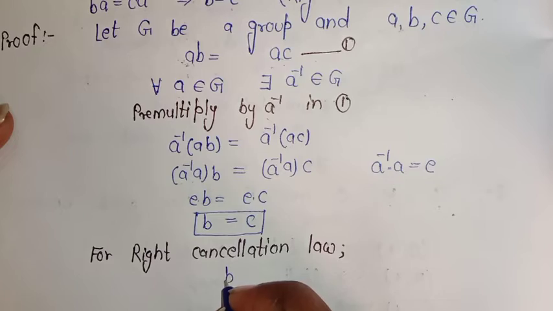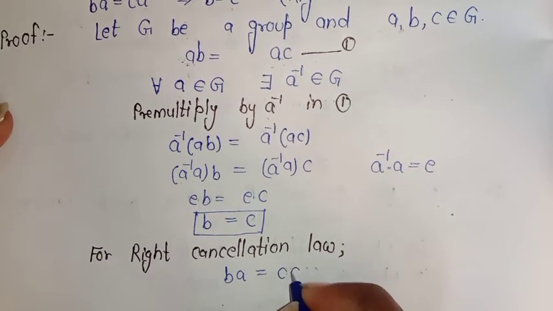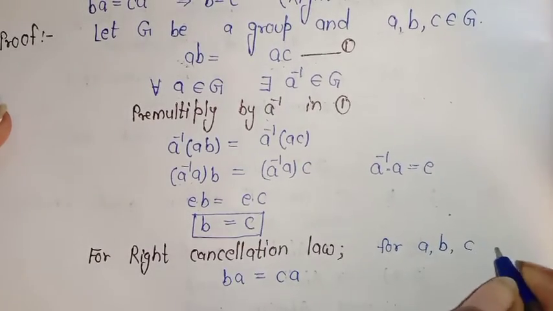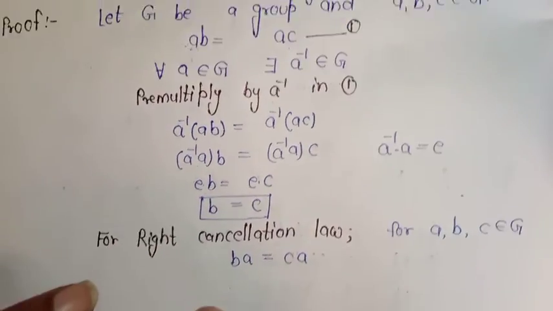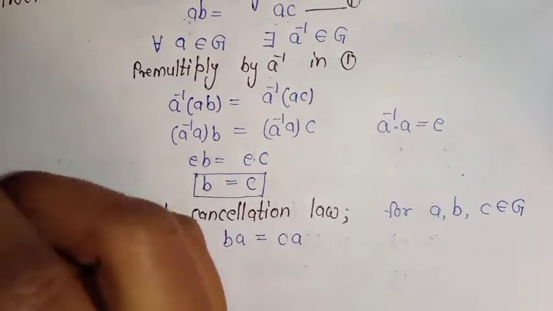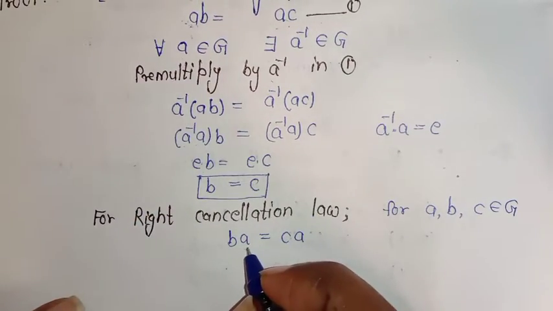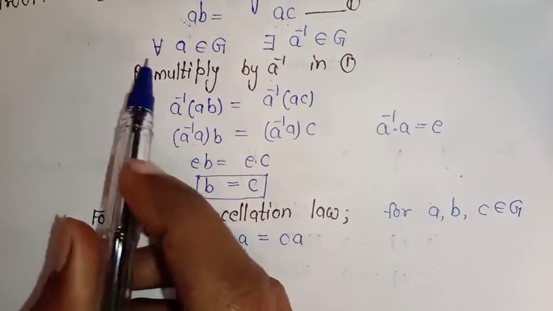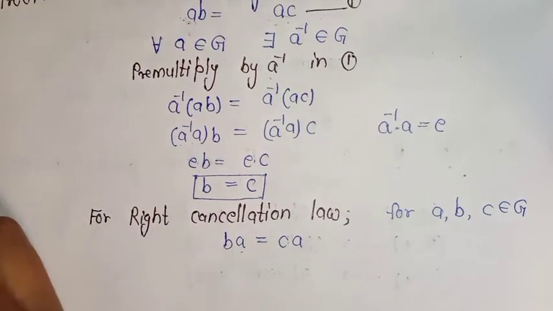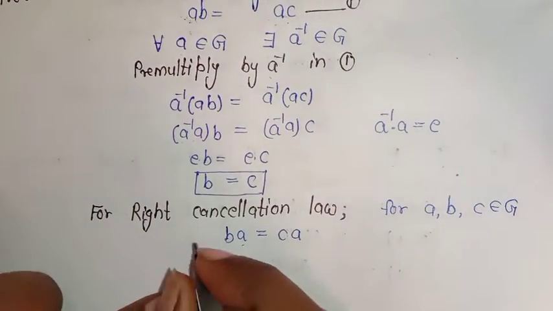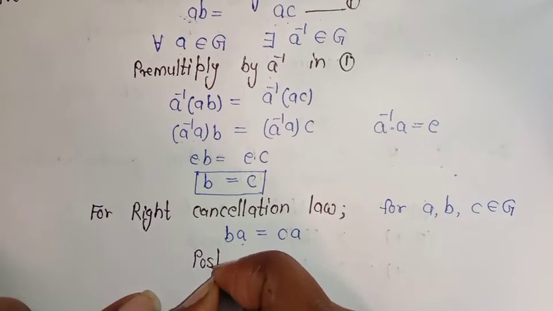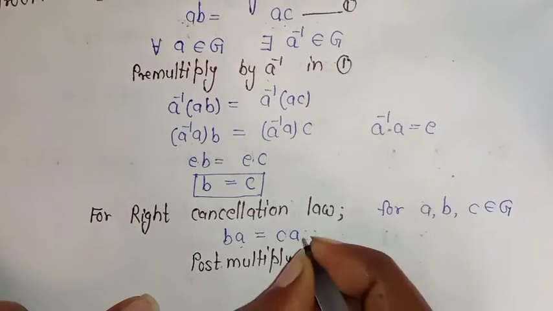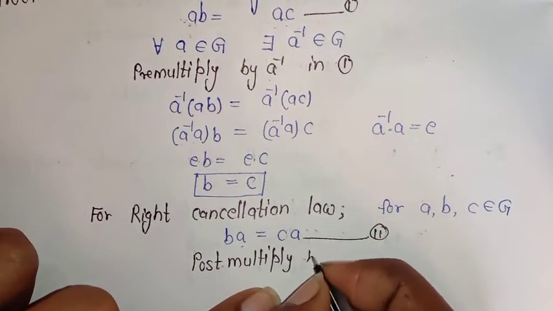Now we assume ba is equal to ca for a, b, c belonging to the same group G. This time we will take post multiplication by a inverse, because for each element there exists an inverse, and we have no need to write it again and again, so I have written it one time. So now I am going to write post multiply by a inverse, and this is our equation number 2.